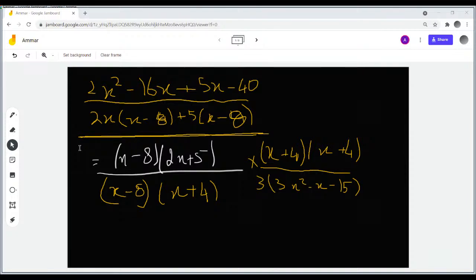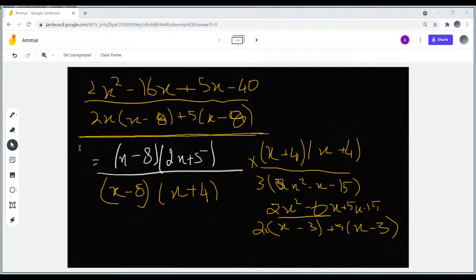Ah, yes, that's why. 30, right? 6 fives are 30. So how do I do this? 2x squared minus 6x plus 5x minus 15, 2x, x minus 3, 5x plus 3, so it's x minus 3 into 2x plus 5.